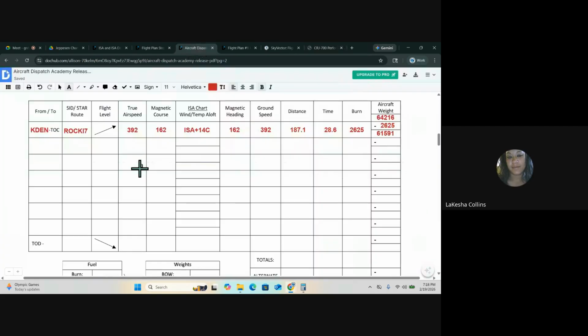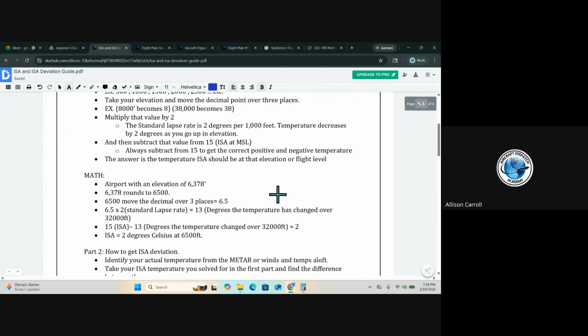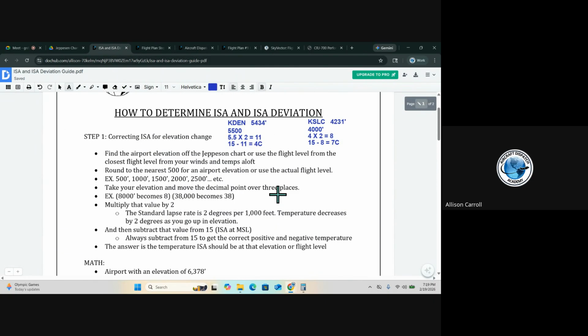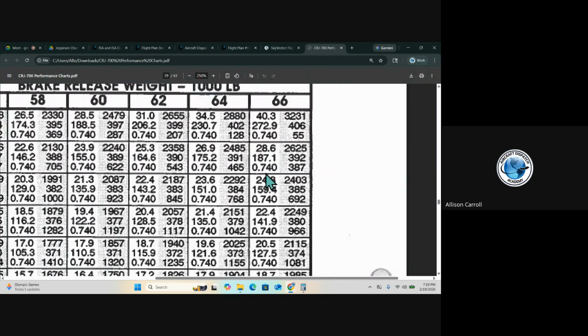Miss Allison, are we able to use these notes that you guys give us in our practical? The checklist and stuff? Are you talking about all of these different guides and everything? Yes, ma'am. By the time you get to your practical, you're going to have it memorized.